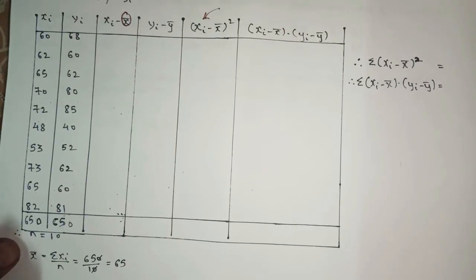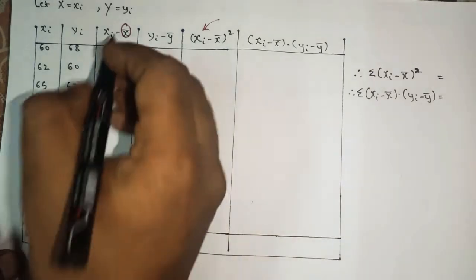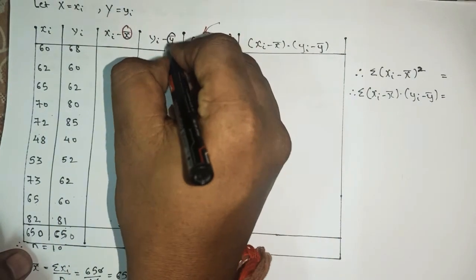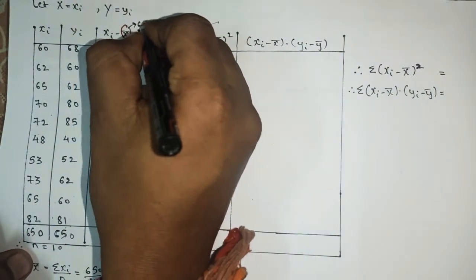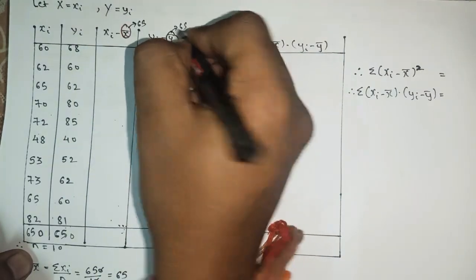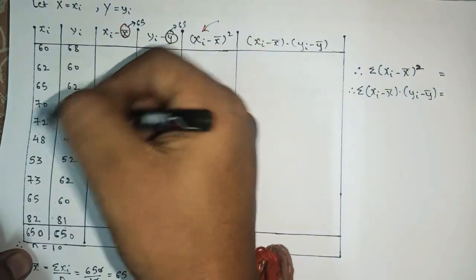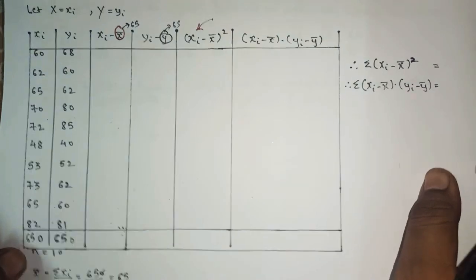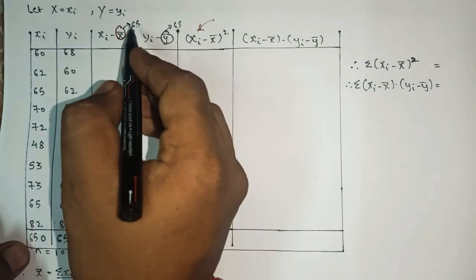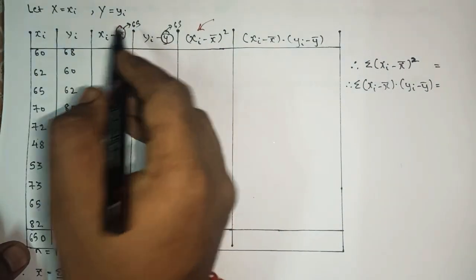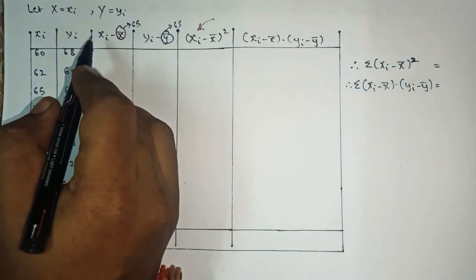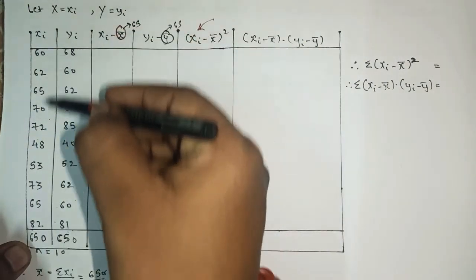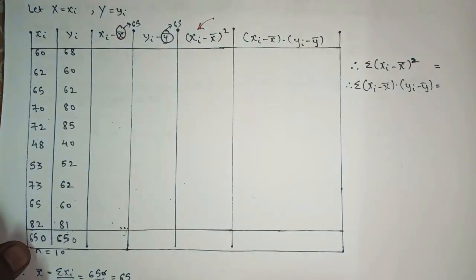So simply, as we have x mean and y mean as 65, you will subtract each and every number from 65. Like 60 minus 65, 62 minus 65, because it says xi minus x mean, that means each and every value you have to subtract from x mean.